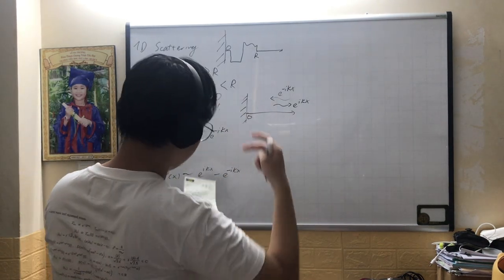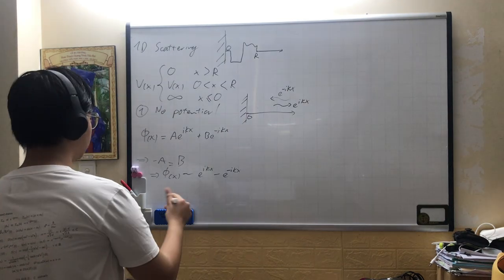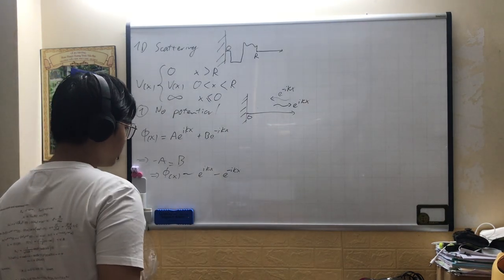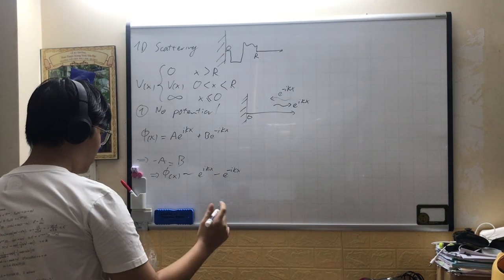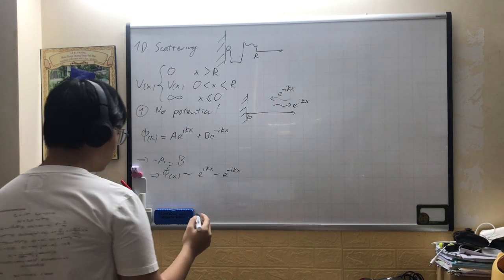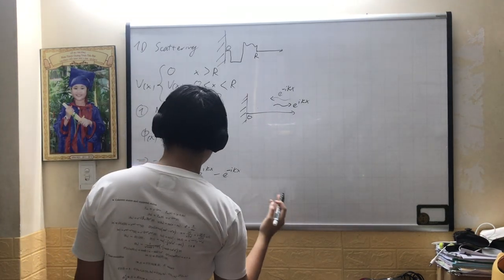It already looks a bit familiar. This would give us the sine function, but we are missing the 2i, so we're gonna divide it by 2i.